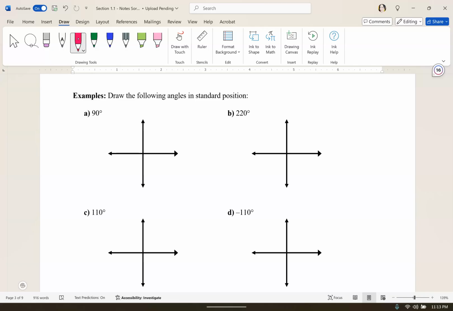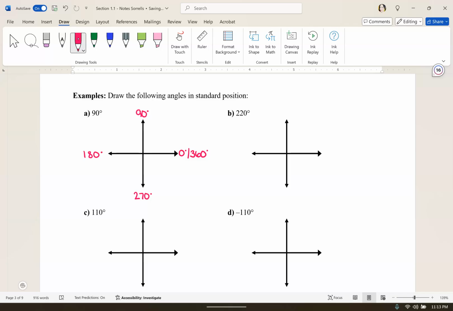The one thing that I want you to somewhat practice is labeling the quadrantal angles. So that means I would go 0 degrees, 90 degrees, 180 degrees, 270 degrees, and then like I said, I'll go back and show 360 degrees.